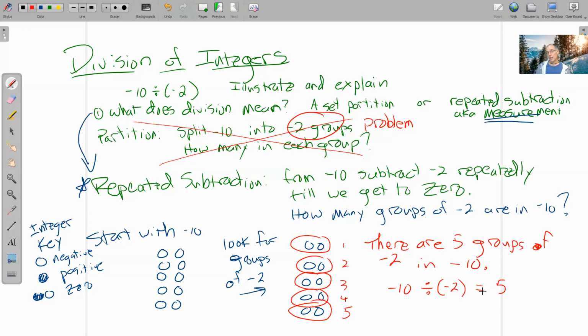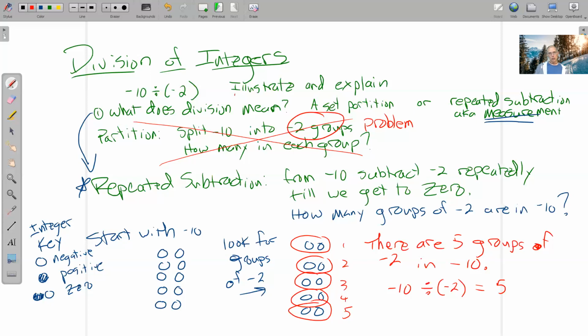Now, we can certainly plug that into a calculator, and the calculator would tell us 5, but why does the calculator come up with a 5 there? It has to be based on some physical model, and this is one physical model that justifies why the answer has to be 5. This is kind of like one of the best approaches. You could do the repeated subtraction, like show how many times you can subtract -2 from -10, and you should be able to show that you can do it 5 times. So that would be another approach.